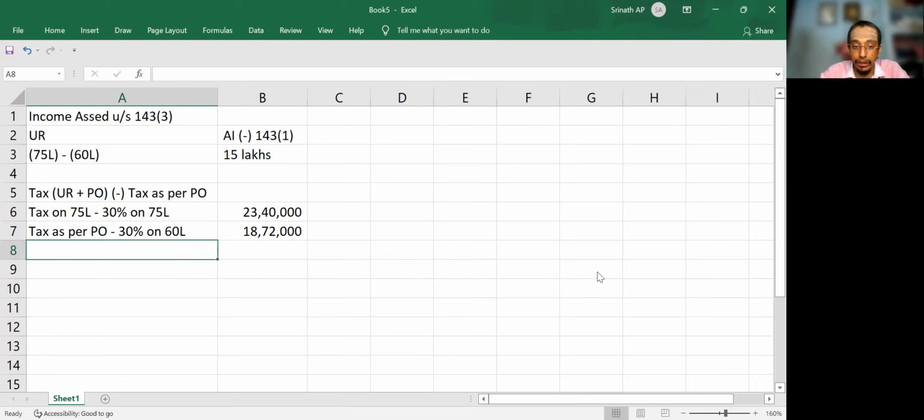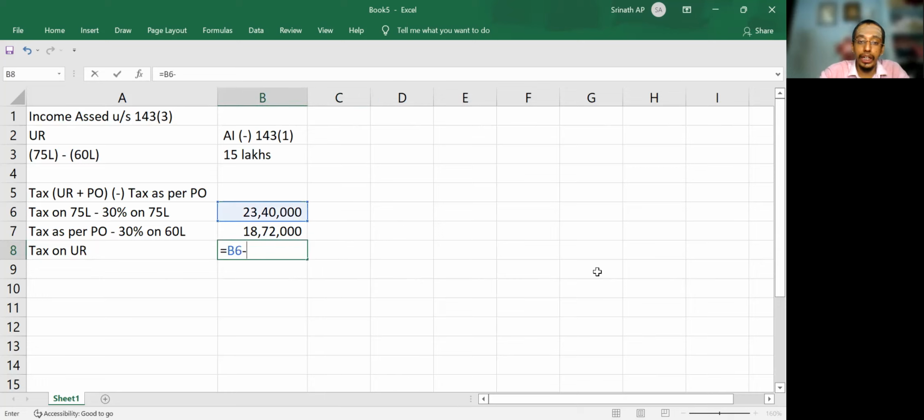Education cess. So tax on under reporting of income would be 23 lakh 40,000 minus 18 lakh 72,000. You will have 4 lakh 68,000.